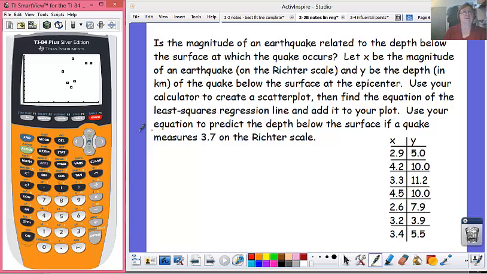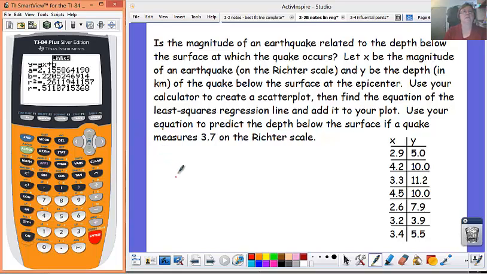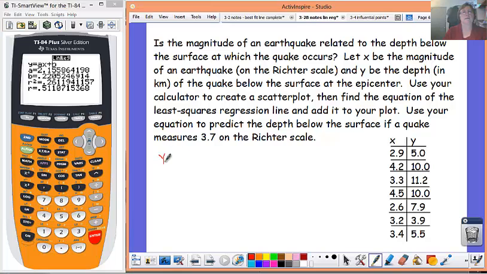And then we're to find the equation of the least squares regression line and add that to the plot. So stat, over to calc, choose lin reg, arrow through if your data is in 1 and 2, or change if you need to. And here's the equation of the line, which I'm going to write right here. I'm going to round my coefficients to the nearest thousandth.